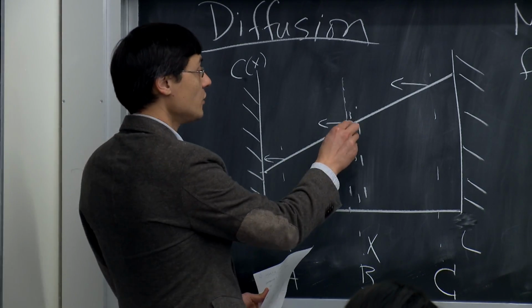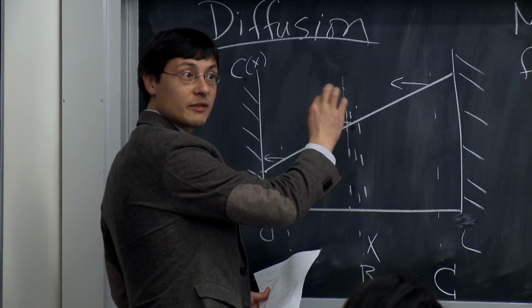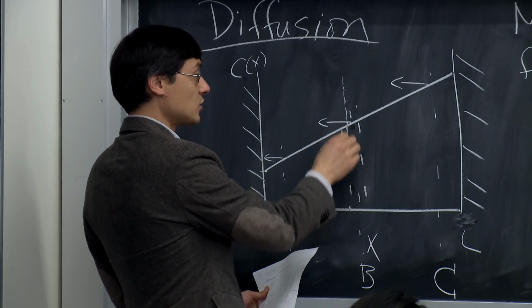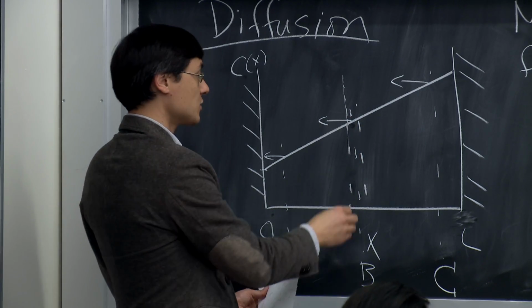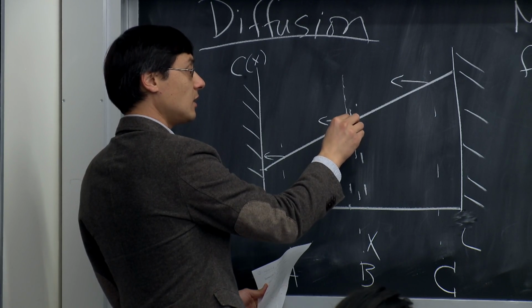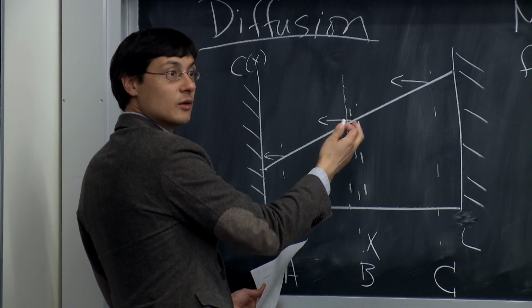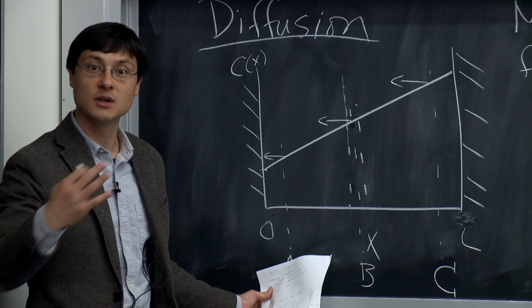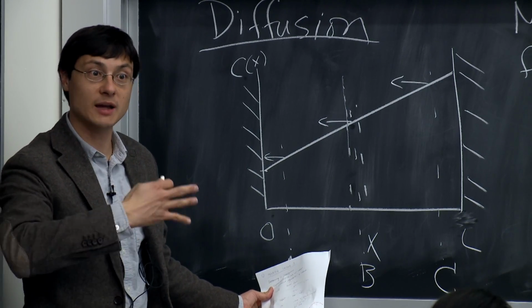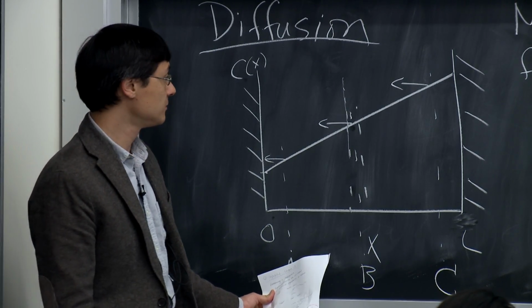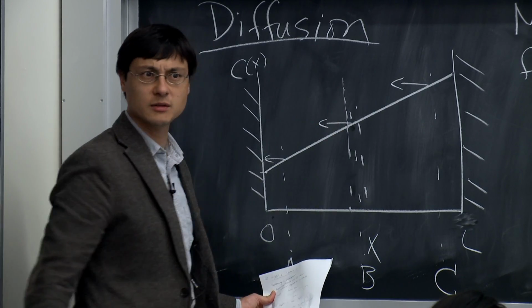There's only a slight excess of particles moving to the left compared to the right, in the sense that the concentration is only a little bit larger to the right than to the left of this plane. That means only a slight excess of particles diffusing to the left, but that leads to a net flux of particles crossing this plane to the left.